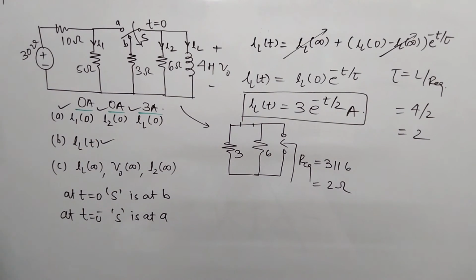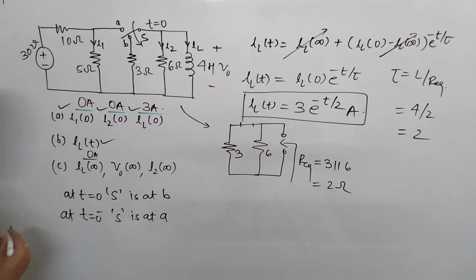Okay. Now finally you have to find the value of IL infinite and V naught infinite. That we will see. IL infinite we have already found as 0.